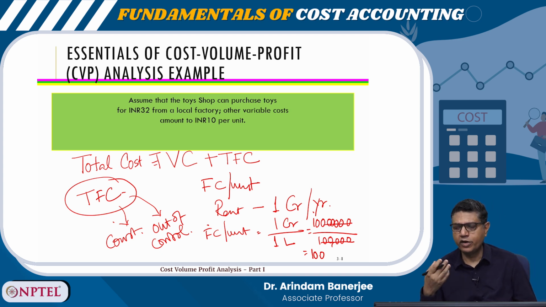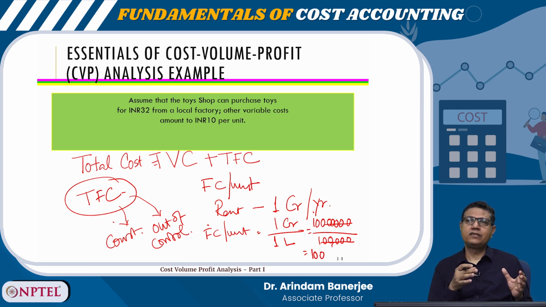If my unit production becomes 10 lakh, then this fixed cost per unit will come down to 10 rupees, right. So, the difference between the total variable cost and total fixed cost movement is, the total variable cost changes with the level of production, but per unit variable cost remains same.